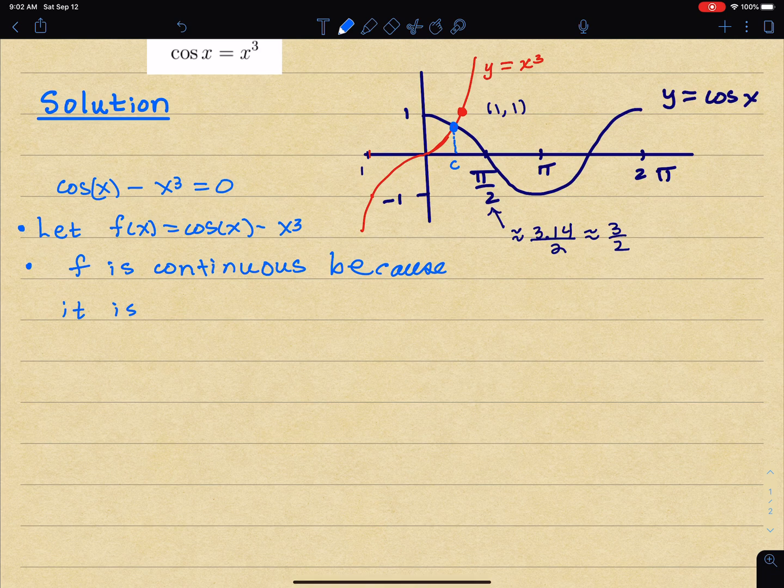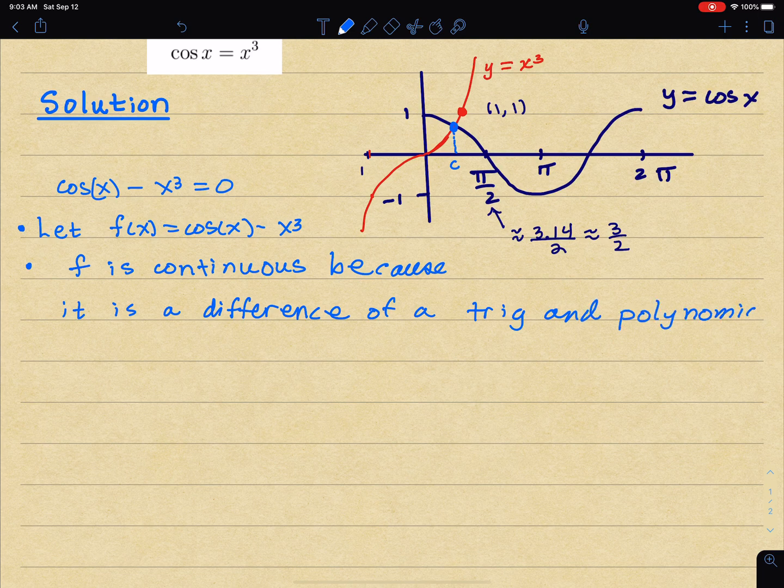It's important that we at least point out that it's continuous. It's a difference of a trig and polynomial function.